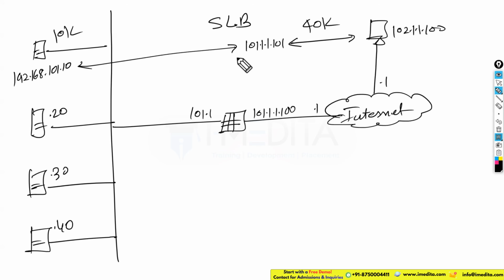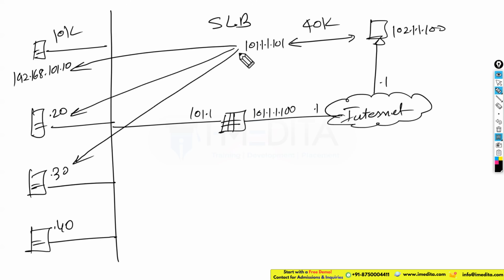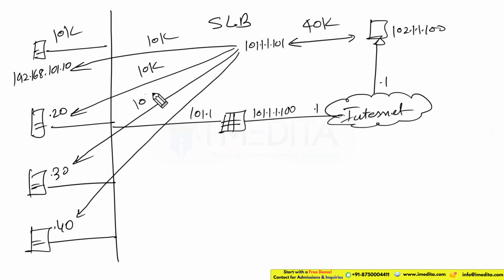With the help of SLB, we will distribute the requests to multiple backend servers like server 1, server 2, server 3 and server 4. Of 40,000 requests, 10,000 will go to each in this way.